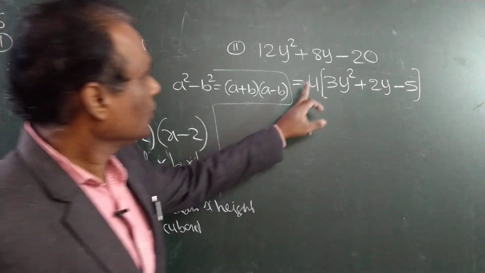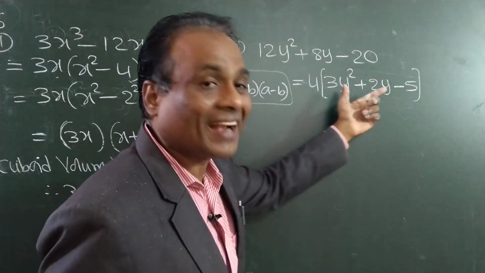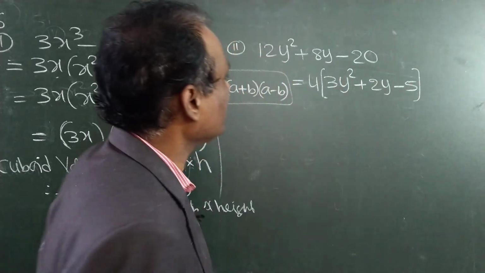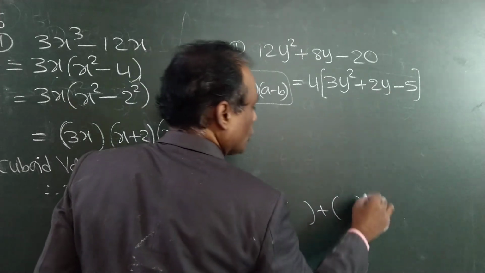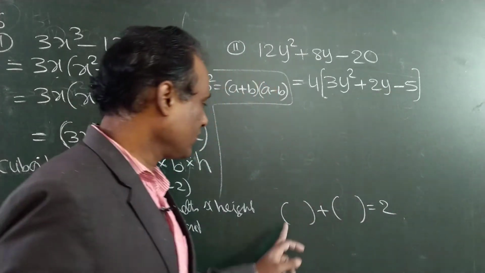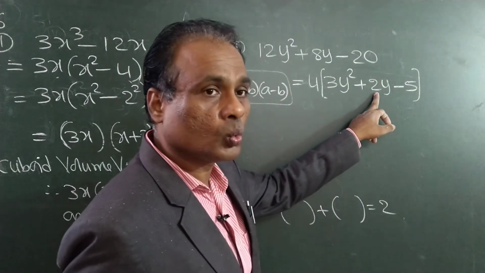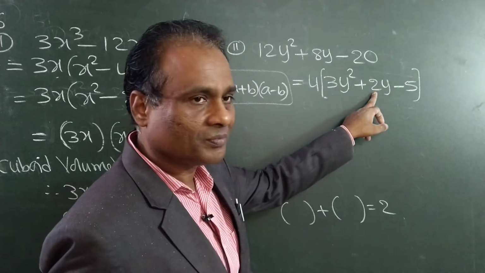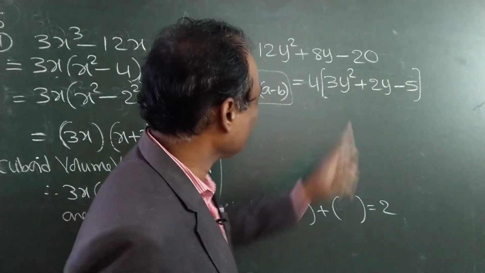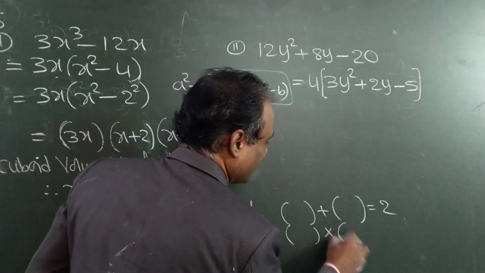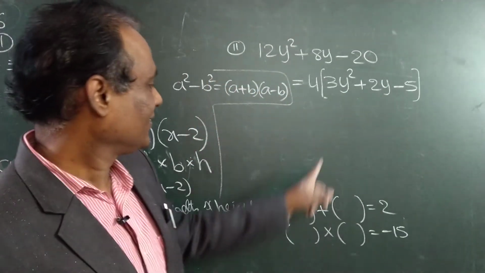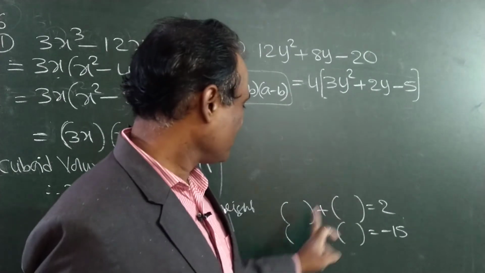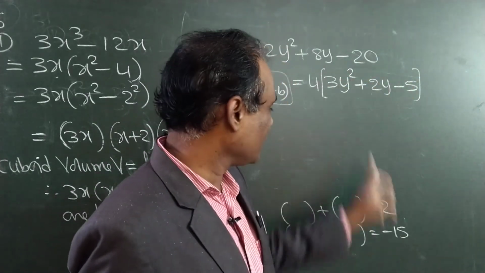Now only 4 is common. Now factorize this. 5 3s are 15. Tell me, sum is 2, product is minus 15.